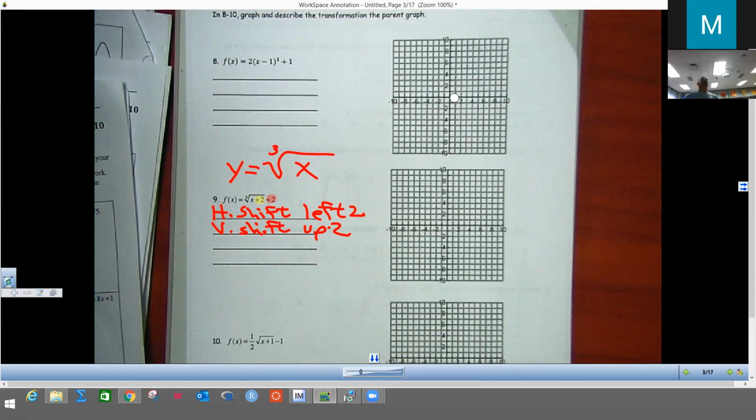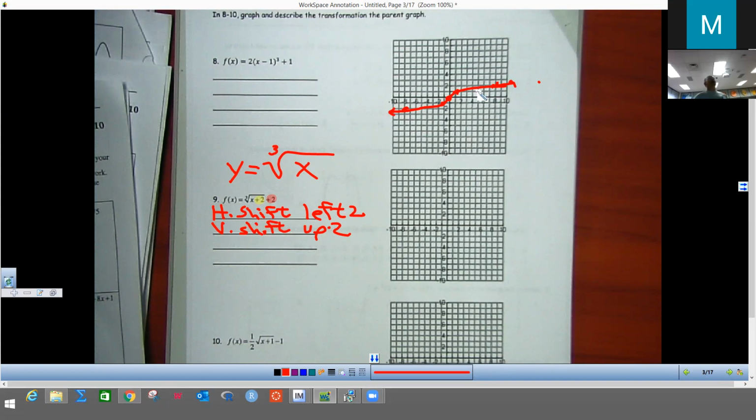I put these in the wrong spots. My bad. The origin's right there. There's (1, 1), (-1, -1). So if you do the cube root of 8, you get 2, and if you do the cube root of -8, you get -2. So this graph kind of looks like this. Okay, that's what that graph looks like.